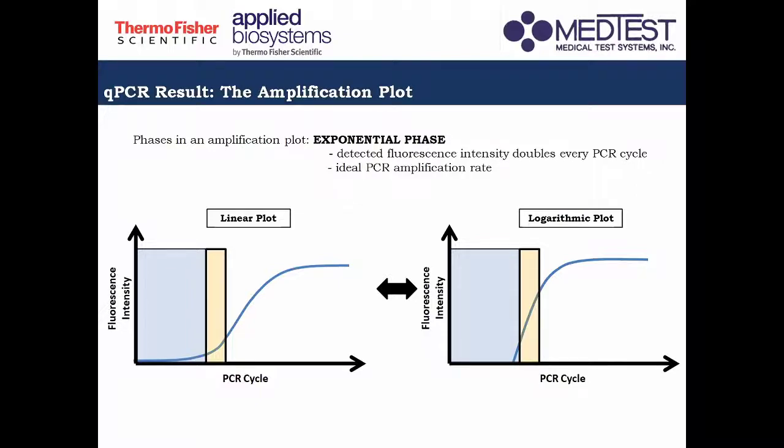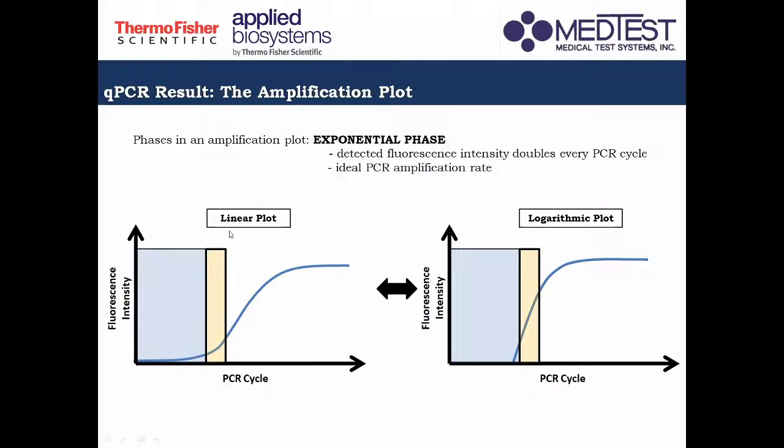So in the exponential phase, may nade-detect na ang instrument natin na fluorescence. And if we compute it, the fluorescence actually correlates with the ideal PCR process. So ano ba yung ideal PCR process? The ideal PCR process is that at the end of each cycle, the amount of DNA that you have should double, no? And in the exponential phase, na-detect ito ng instrument mo.